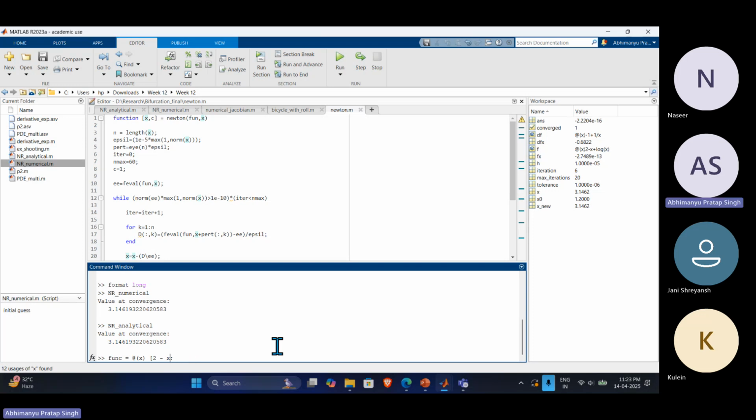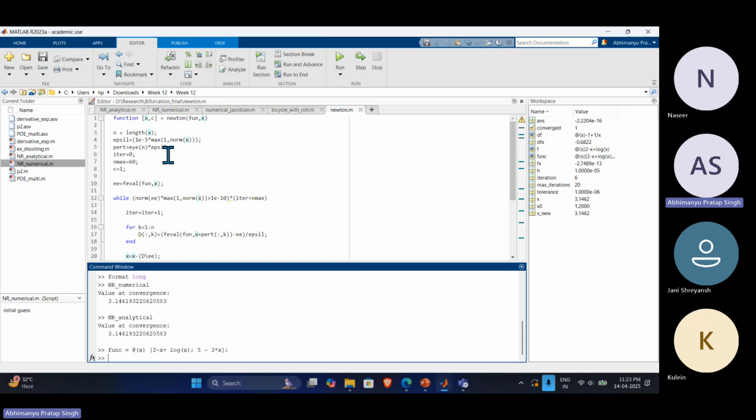Let me take a simple case only. I don't know if the solution to this problem exists or not, so we will just check.